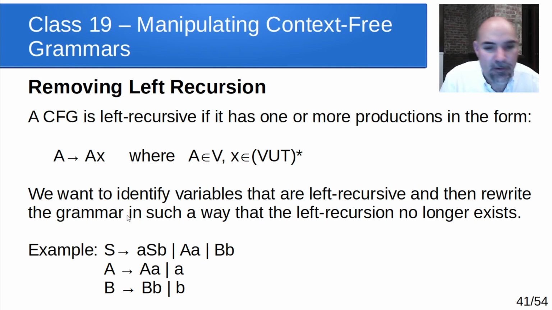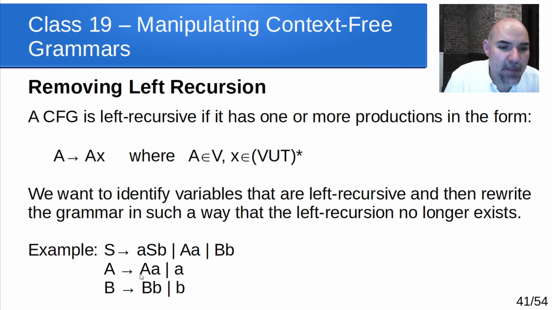So as an example of a grammar that has left recursion, let's look down here. Here's the variable S. Are there any productions on the right-hand side that start with S? In this case, the answer is no. So S is not a left recursive variable. Moving on to A. Here's A. Are there any productions where the first symbol that we encounter, the leftmost symbol, is that variable A?